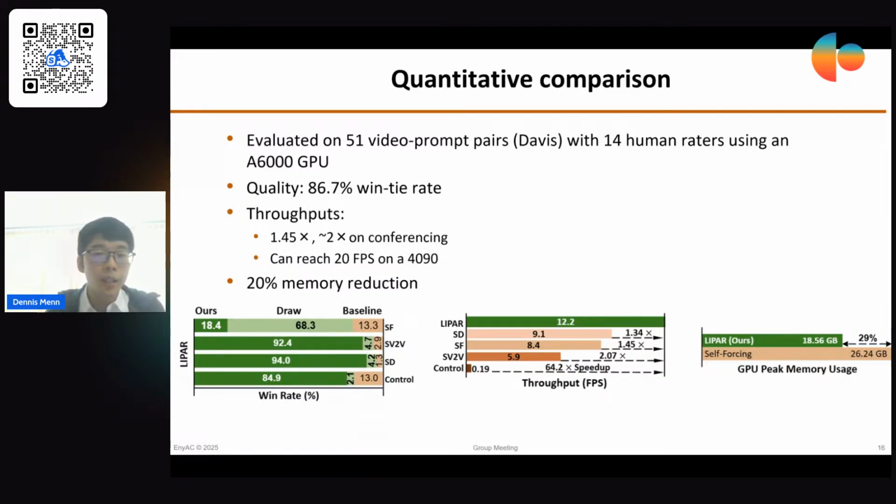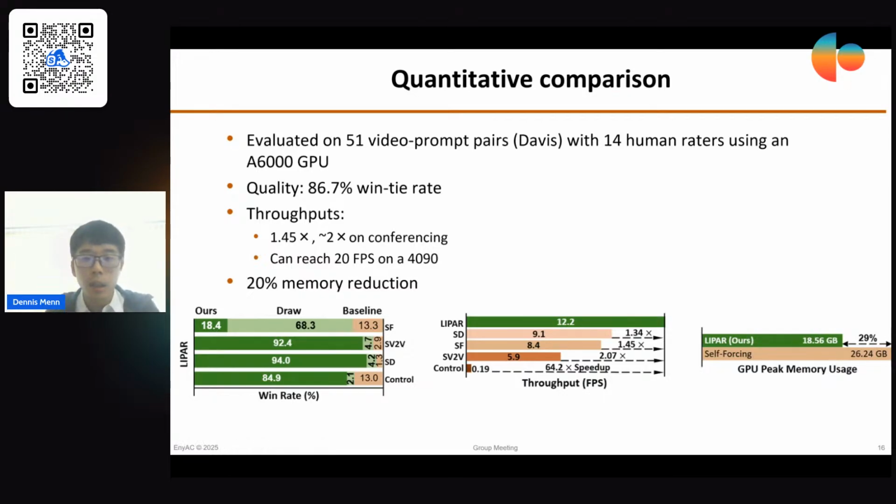Quality-wise, we compare with the self-forcing model, stream V2V, stream diffusion, and control video. The deep green means ours wins. The light green means draw; human participants cannot decide which one is better. And the original means the baseline wins. Our method is slightly more preferred compared with the baseline.